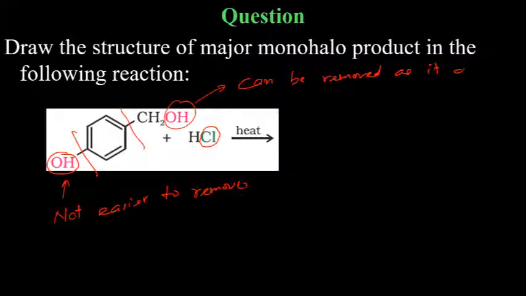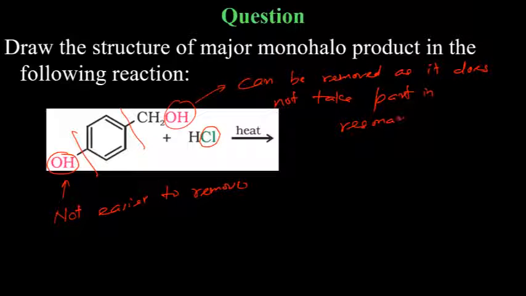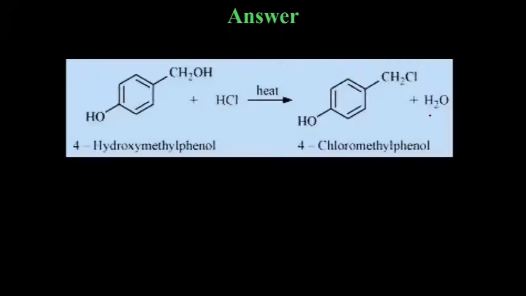as it does not take part in resonance. It is away. So it means this OH group will be replaced by chlorine and you will get 4-chloromethyl phenol. So in this case, this one is phenol, and on phenol, 1, 2, 3, fourth. On fourth carbon, you have chloromethyl. Remember, if it is CH4, it will be considered as methane.